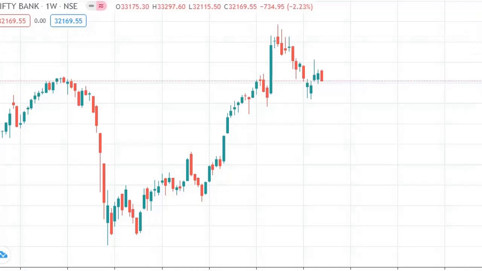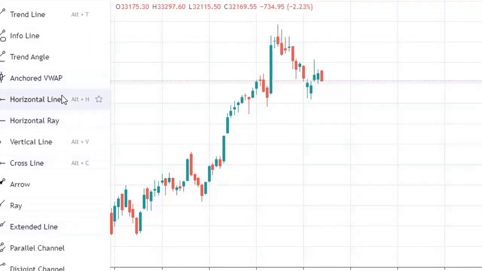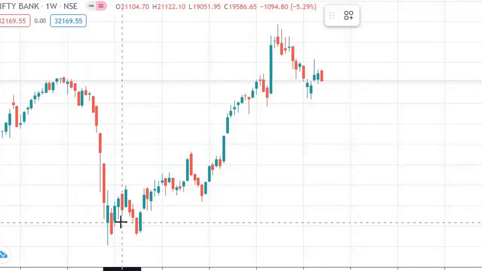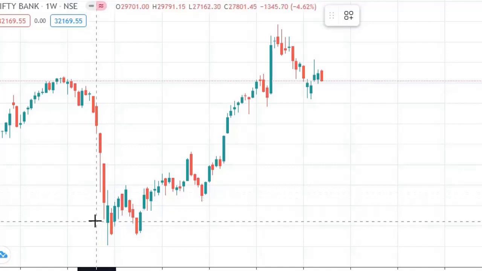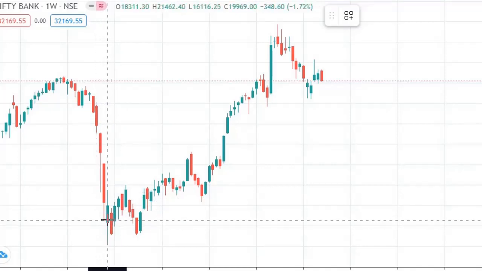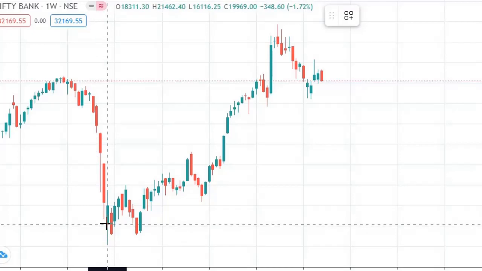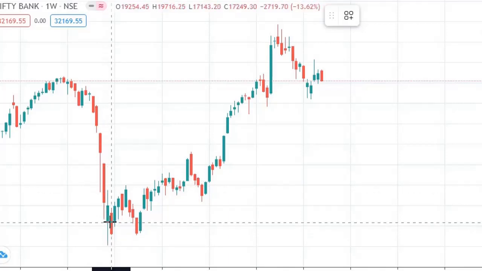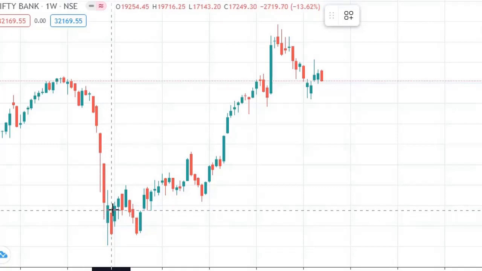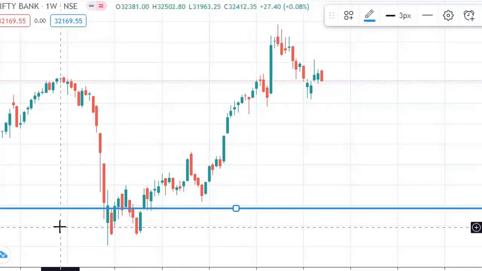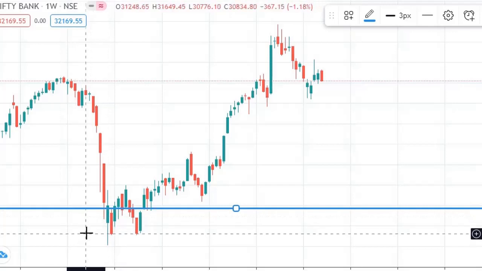What I'm going to do is start with a horizontal line, and I will try to see what is the last candle which has not been enclosed between the high and low of another candle. So this is the red candle, and this green candle closes inside, so this is the last red one. I am marking the high and low.